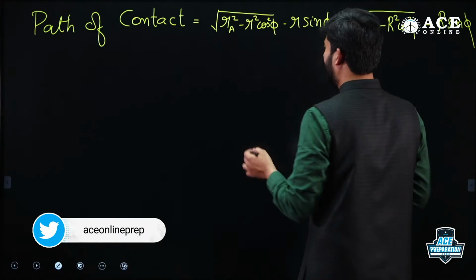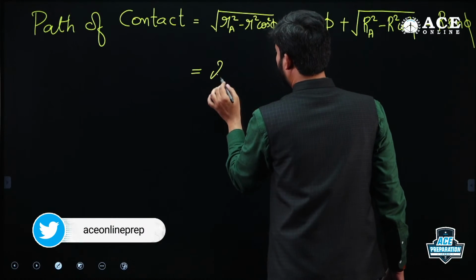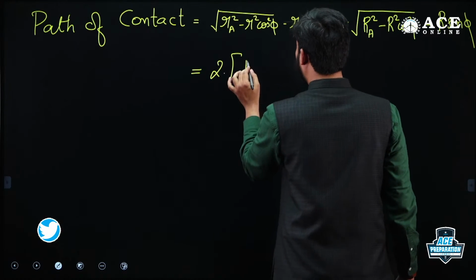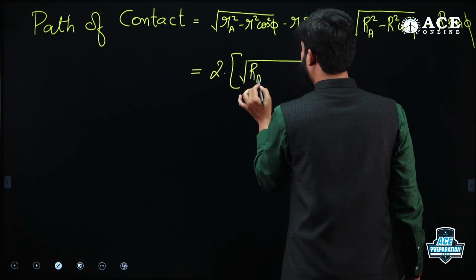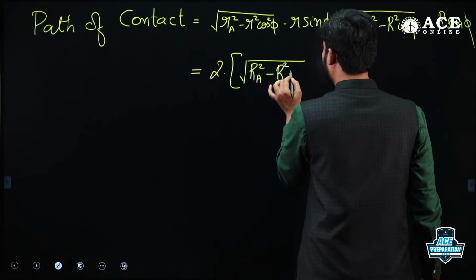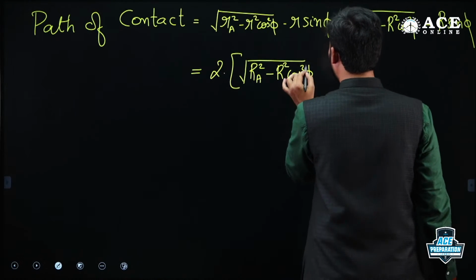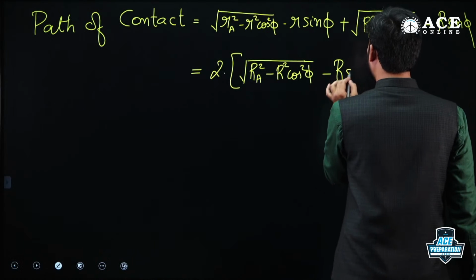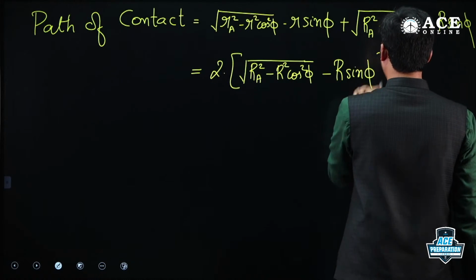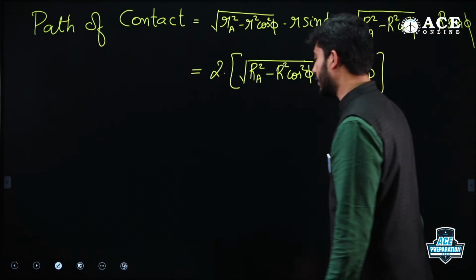Both are identical. This can be written as 2 times sqrt(R_A² − r² cos² phi) − r sin phi. That is the path of contact formula.